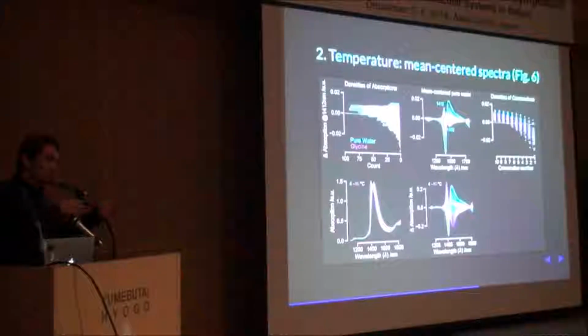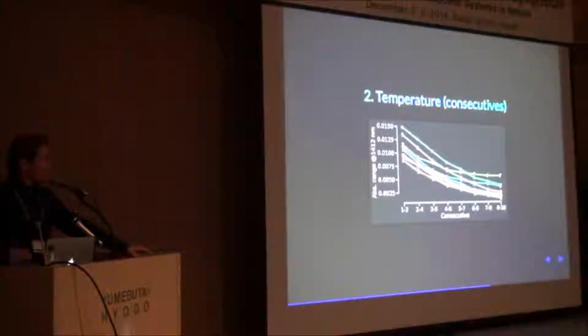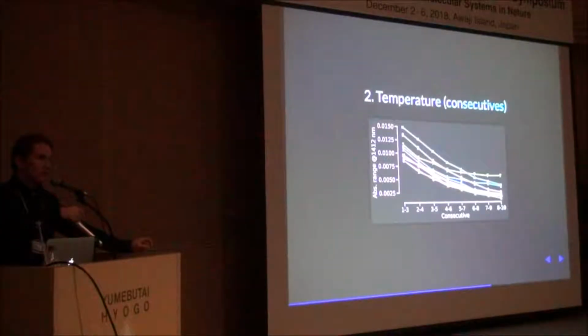Or what's happening as we continue to take more and more consecutive spectra? So this is telling us that the variation that starts about here, as we go further into consecutives, that the spectra become closer and closer to each other, so they are more consistent. So this gives an idea already that if you would take more consecutives for your pure water and for your samples, you would be able to decrease the variation, and you would somehow cancel the temperature effect.